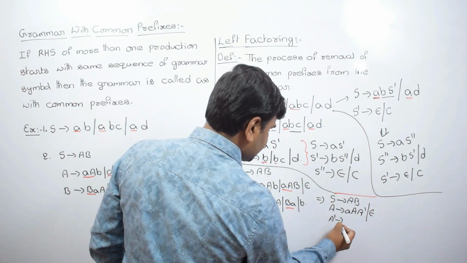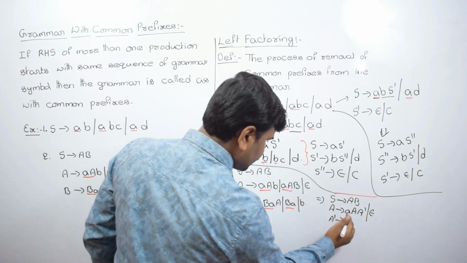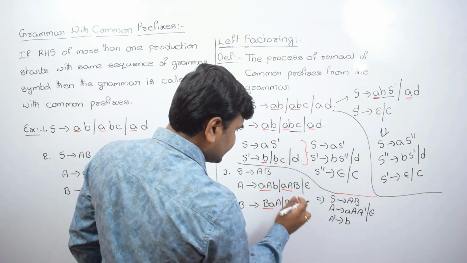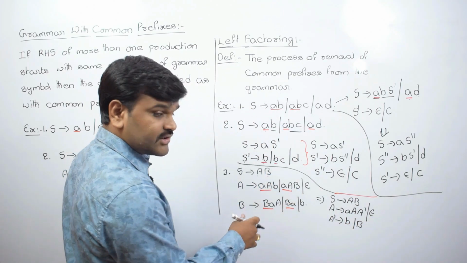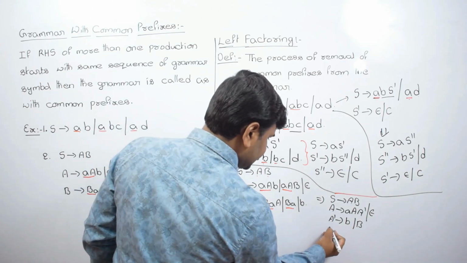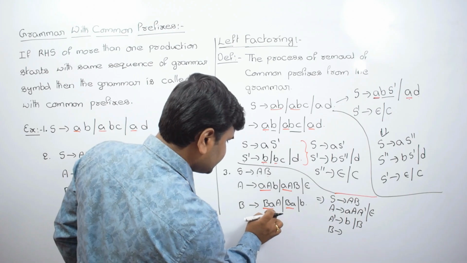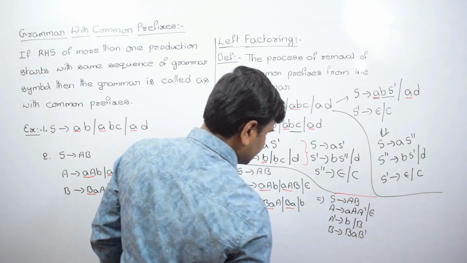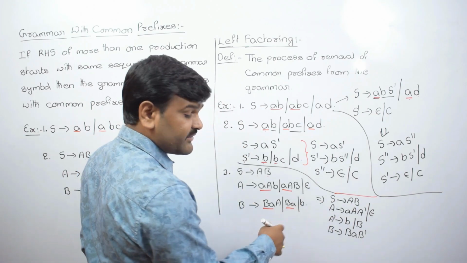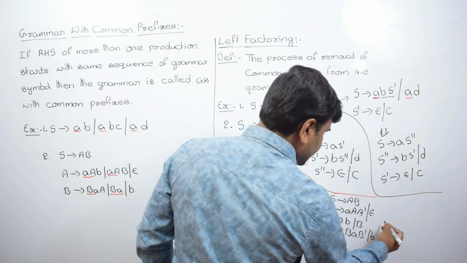A dash is B, and after the common prefix, whatever is there, we take B and then capital B. Then in this case also we have a common prefix, so B derives the common prefix capital B small a, so BA B dash, and the non-common prefix production is B. Now what is B dash?